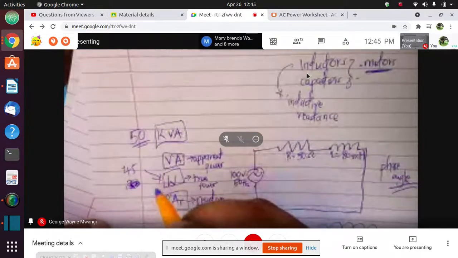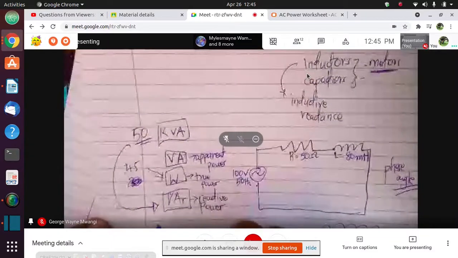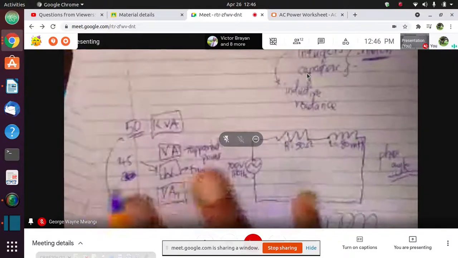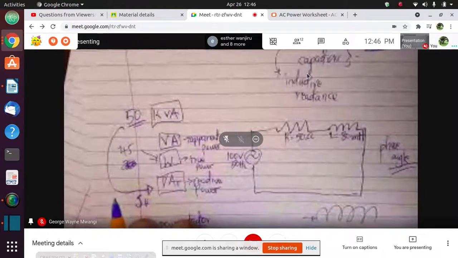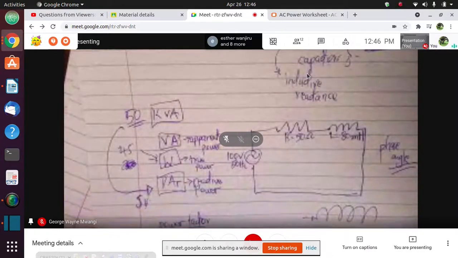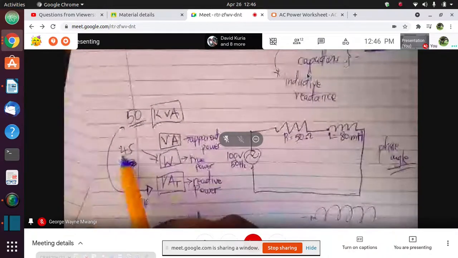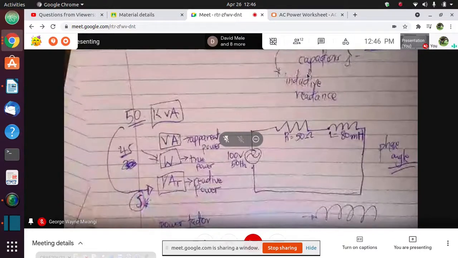Now this reactive power, or it's known as the useless power, 5 kilovolt, 5 is not being used to do any work. It is not used by any machine. That's why we call it useless power. But once KPLC supplies you with the 50, even if you are using only 45 or 30, you will still have to pay for this useless or reactive power.